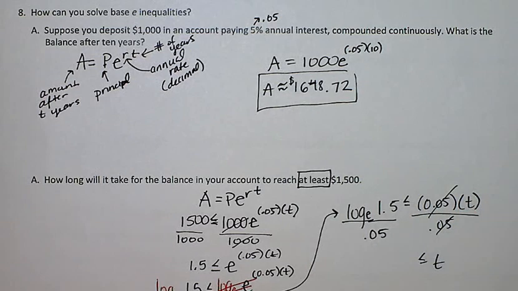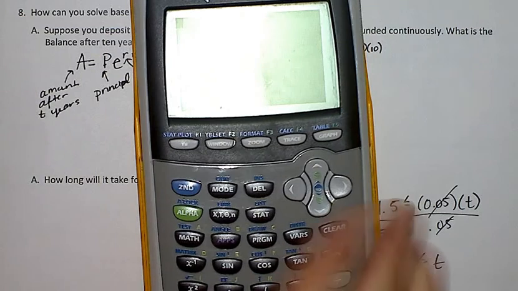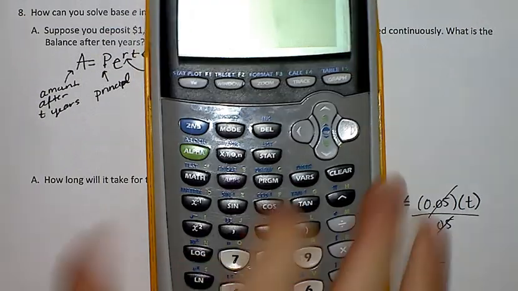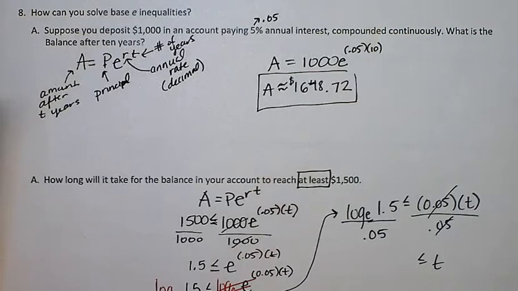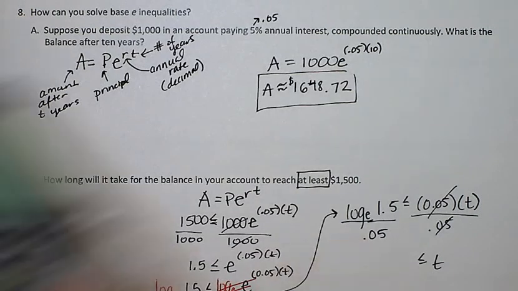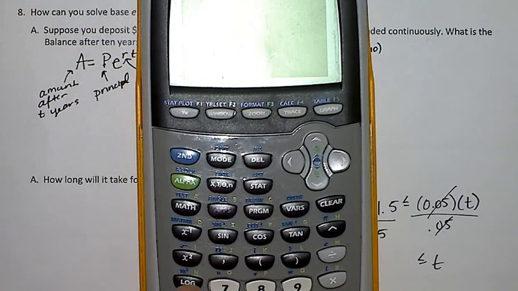Now, for those that missed school yesterday, it's a common mistake that when students see the button that says log, they assume that this log button can be used as log base e. But as a reminder from last week, when you see log, that's the common log key. That means log base 10.